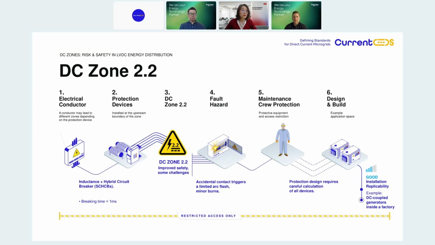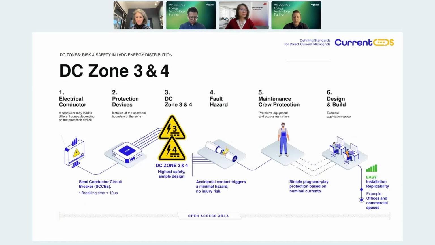The energy for the maintenance crew is lower, and protective clothing again is not so severe anymore. Typical areas where such DC zone 2.2 is used is in the coupling of DC generators inside of a factory, so in the distribution area.